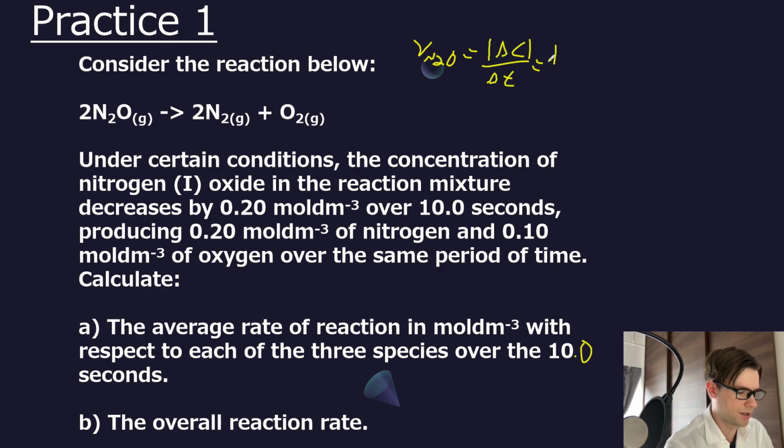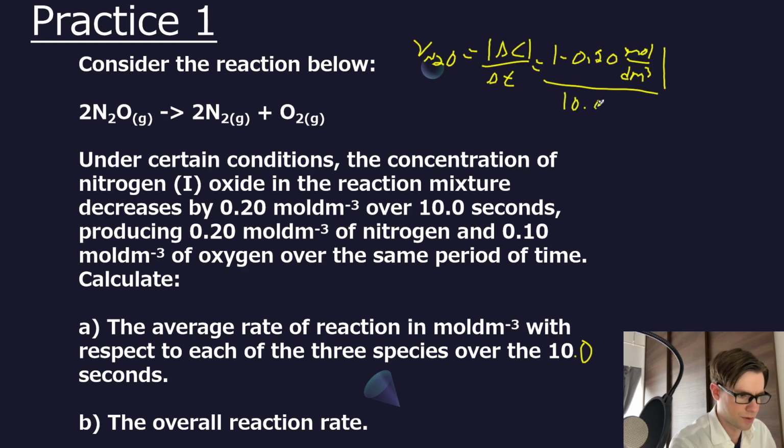We don't know what it starts at or what it finishes at, but we know the change over this time is a decrease of 0.20 mole per decimeter cubed. And we will divide this by the time taken, that is 10.0 seconds.